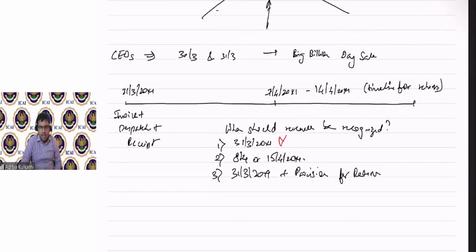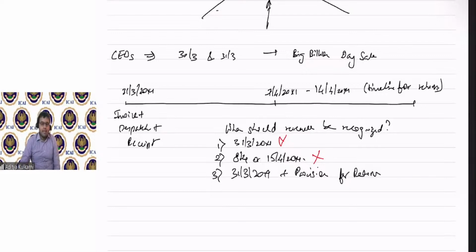The people who gave this answer were the same people who, when we did that L&T and contract question today morning, said that, sir, we will recognize the bonus in the last year because until then, I am not sure when the contract needs to be performed. So the people who said 8th April or 15th April are the same people who are following conservatism very strictly in their life. I cannot follow this also.